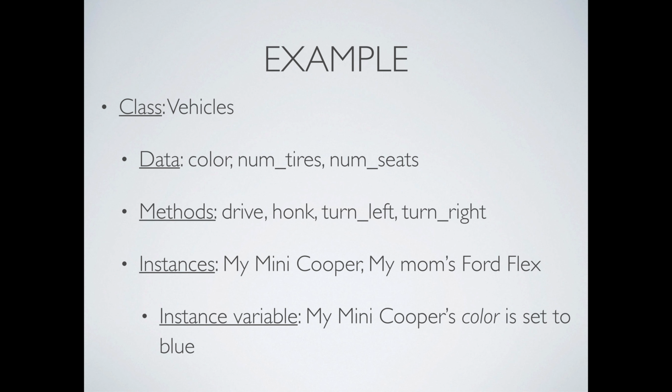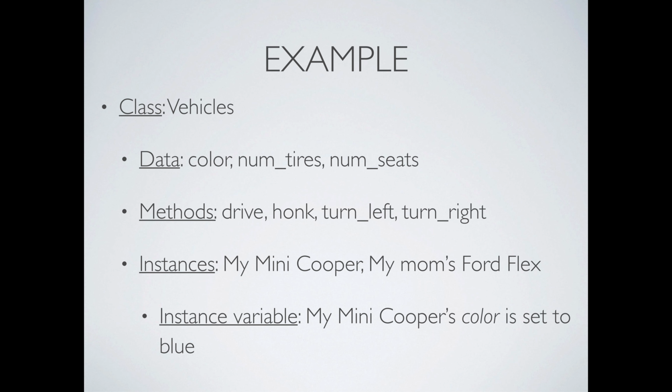So an instance variable example would be the data color for my specific object instance, my specific vehicle, Mini Cooper, is going to be set to blue. So this is another example of how these different terminologies work together to potentially create some really awesome code in the long run.